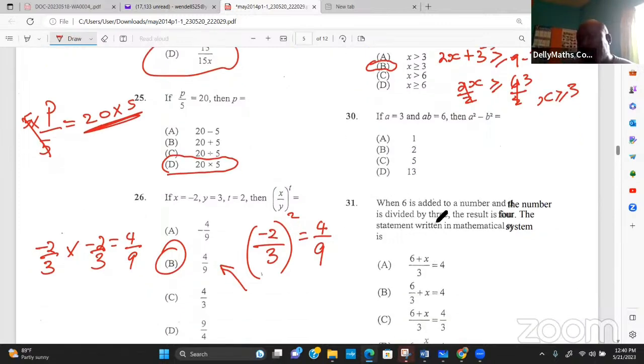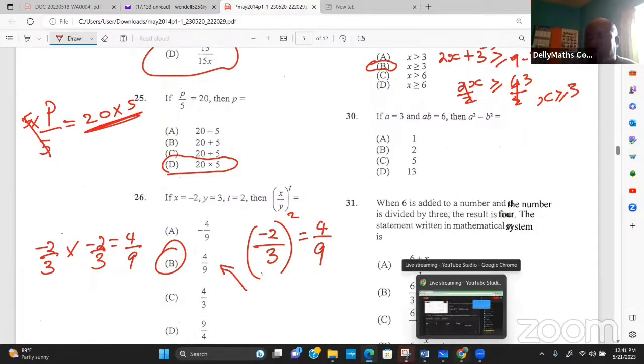Now, if A is equal to 3 and AB is equal to 6, then A squared minus B squared is what, right? So take a look. A is 3, AB is 6, but A is 3. So that means 3B is equal to 6. That means B is equal to 2.